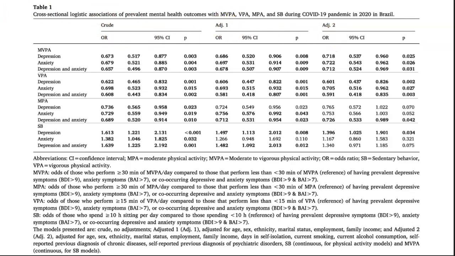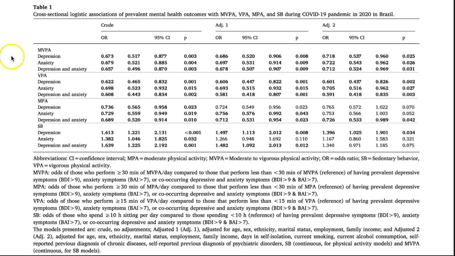You'll also notice these rows here. These rows are looking at the association between independent variables and a dependent variable. So in each one of these, you've got independent variables, and it's showing you the odds ratio, the 95% confidence interval, and the p-value for the relationship between an independent variable and a dependent variable.